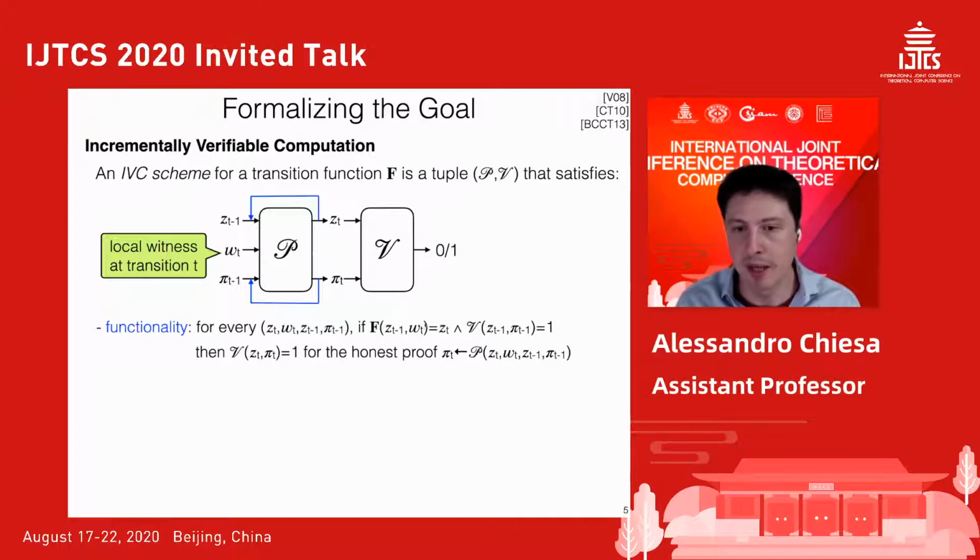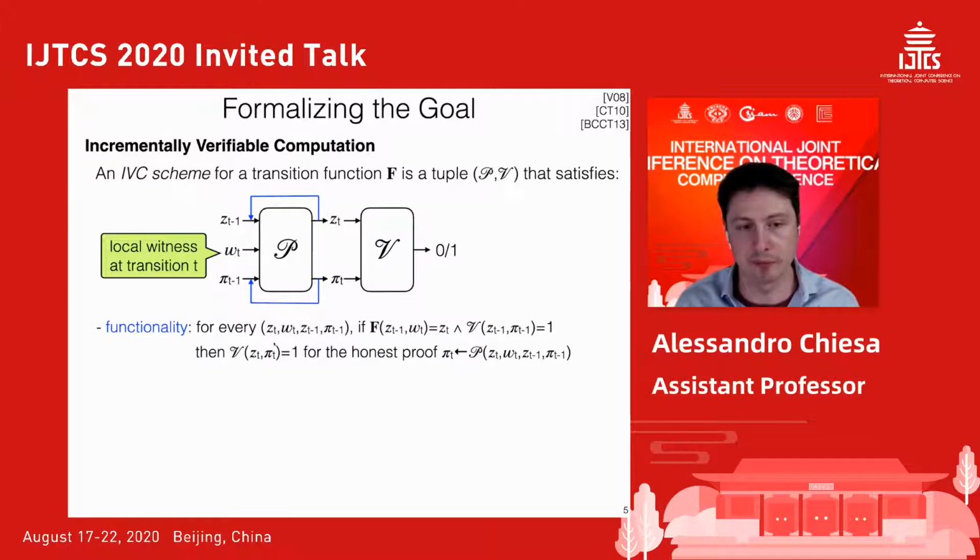In other words, if you give me some good transition, namely the next output really is the output of the transition function f, and you give me prior inputs that the IVC verifier accepts, then it is possible to construct a new honest proof using the IVC prover that the IVC verifier would accept.